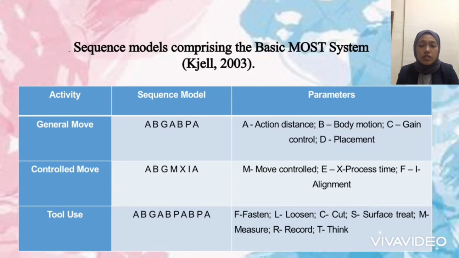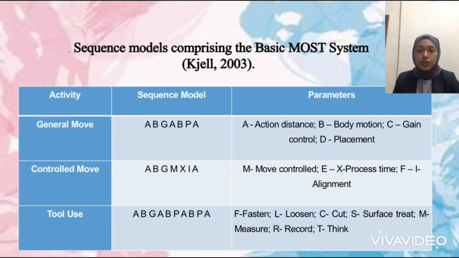Control move. The control move sequence model explains and categorizes the movement of a research element while it is in touch with the surface or attached to other items. The sequence of get, move, and actuate and return phases in the control move model are ABG, MXI, and A. The tool use sequence is used to explain and categorize the action of hand tool during assembly or production.